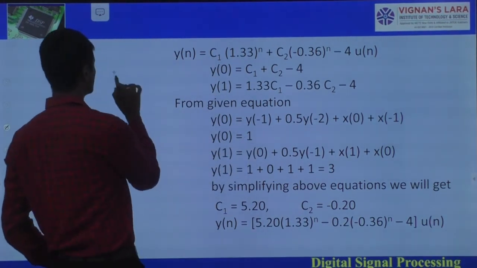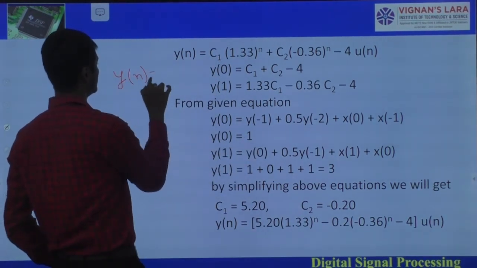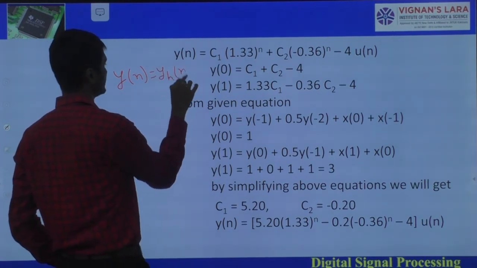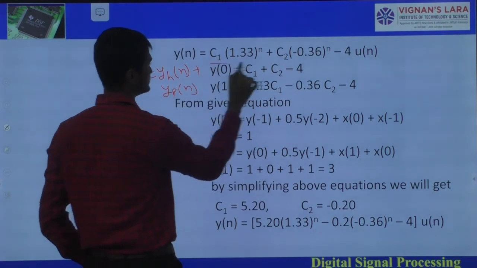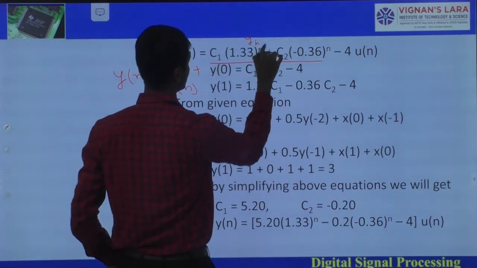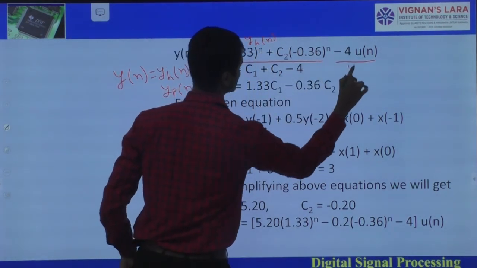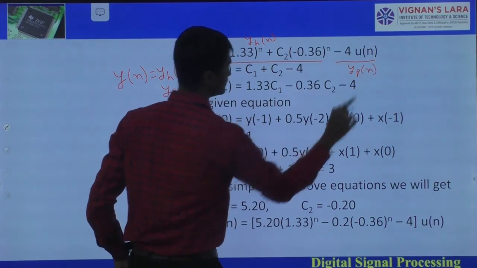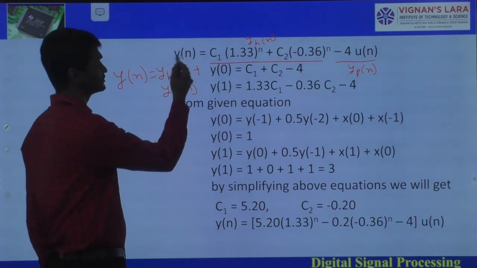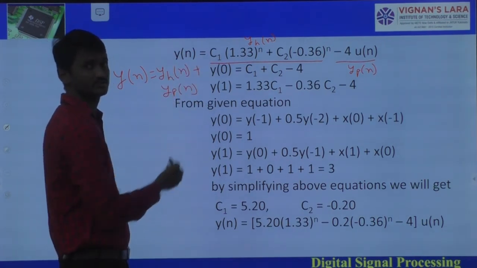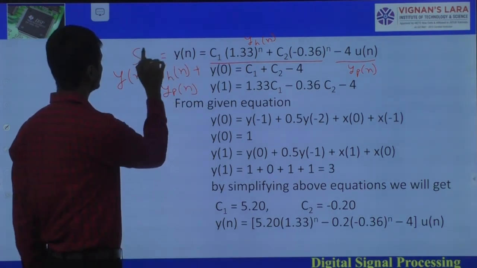We know the total solution y[n] is equal to yh[n] plus yp[n]. We have calculated both the homogeneous solution and the particular solution. So that is y[n], the total response or step response, which is nothing but s[n].